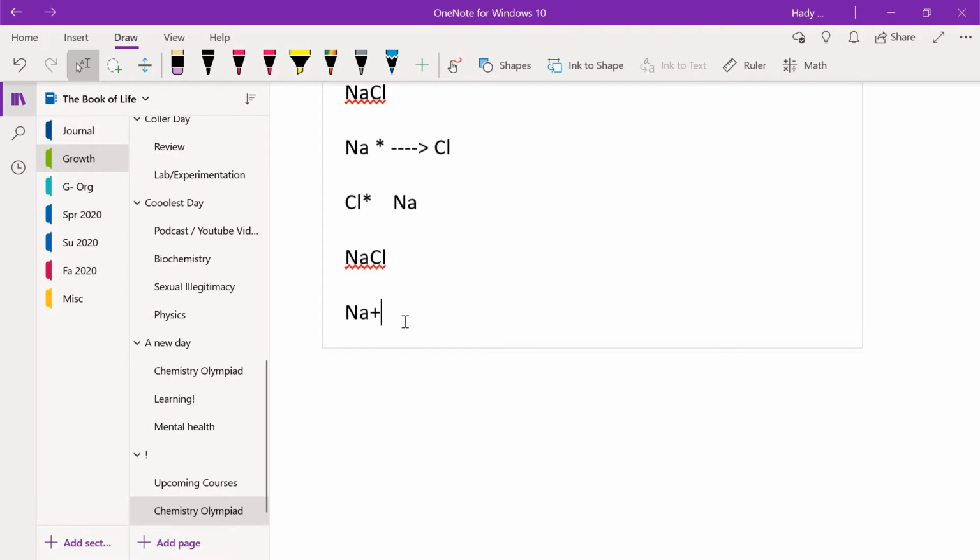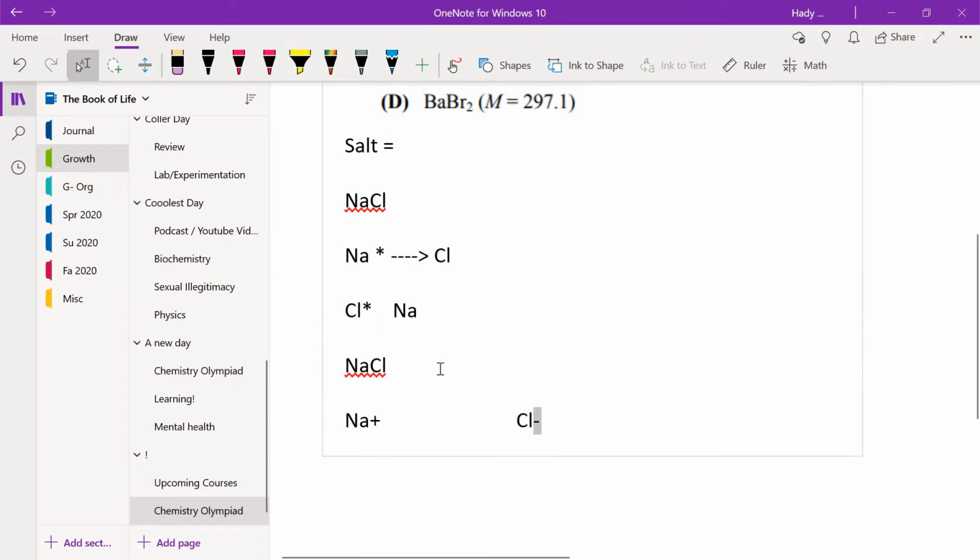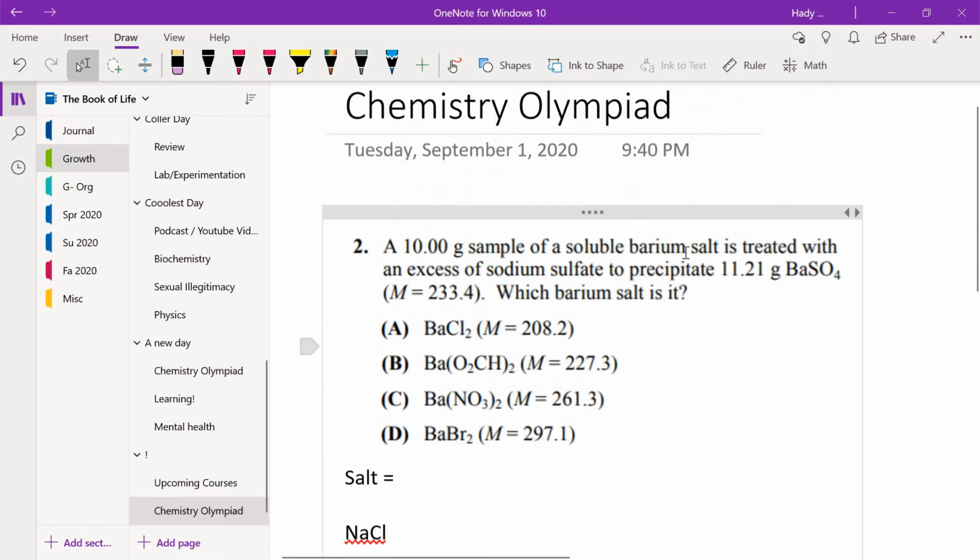It's separated from it, but it's still lost its electron. It doesn't gain it back. So we're gonna signify that with a plus, and Cl still has the electron. We'll signify that with a minus, and that's what happened here.